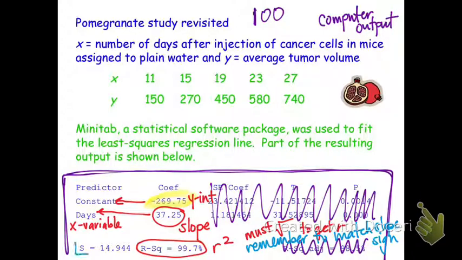Then lastly, this is what we call the standard deviation of errors or of residuals. Does anyone remember what the script is for standard deviation? Remember from one of the quizzes where I said interpret the standard deviation?